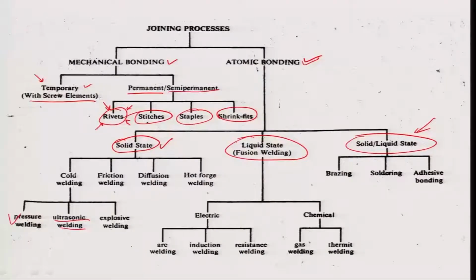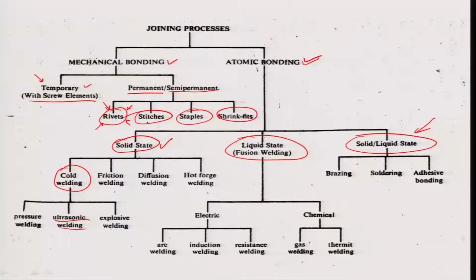One of the examples could be cold welding, where two members, two metallic plates for example, are brought very close to each other and applied with certain pressure, so that the distances between the surfaces become almost equal to that of a grain boundary.